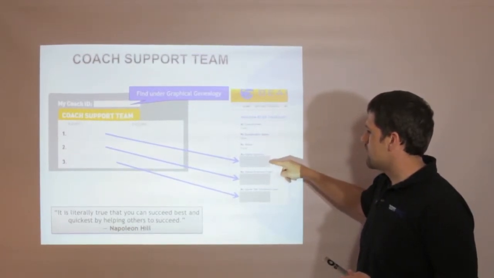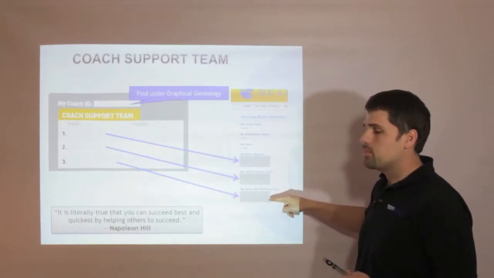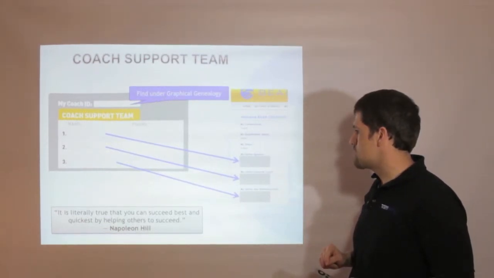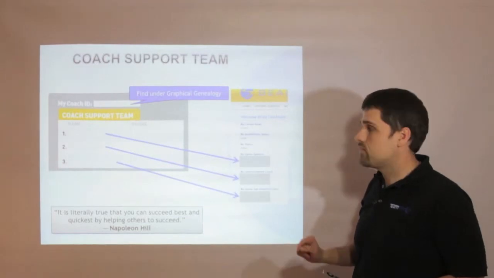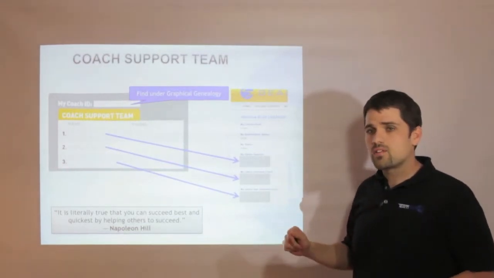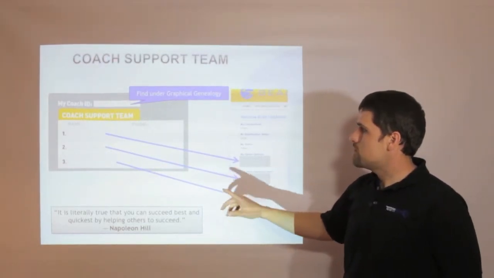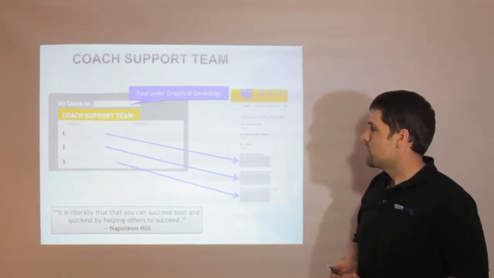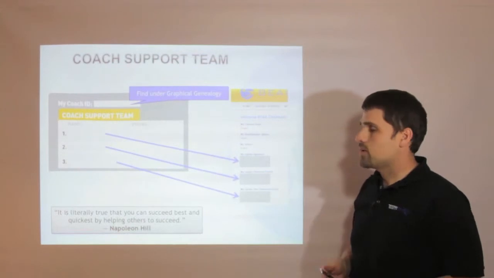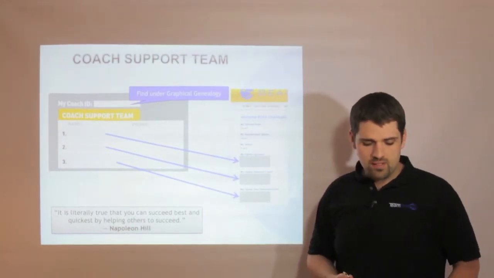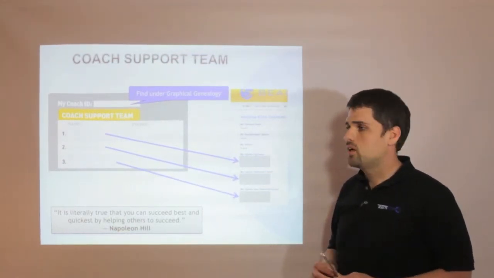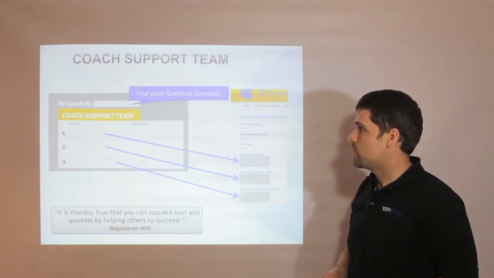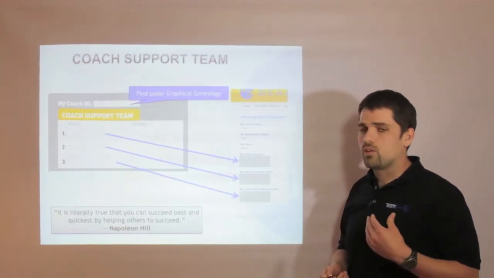You've got your upline sponsor, your upline diamond coach, and your upline star diamond coach right there on your Coach Online Office. So if you just go ahead and take out your 7-day quick start guide, take those names and put them there on your dashboard in those sections. And you can copy over the phone numbers and everything, so you know how to get in contact with your coach support team and who your coach support team is.